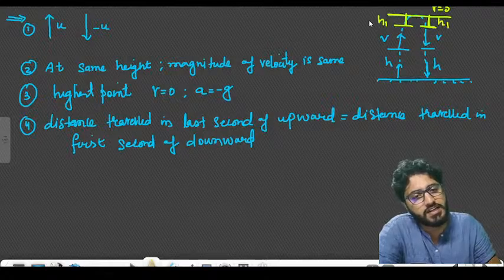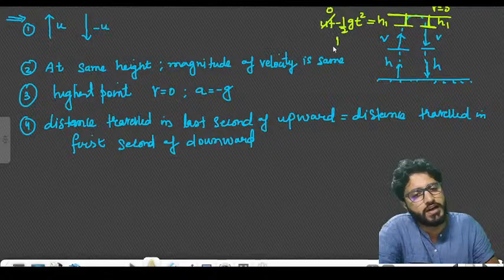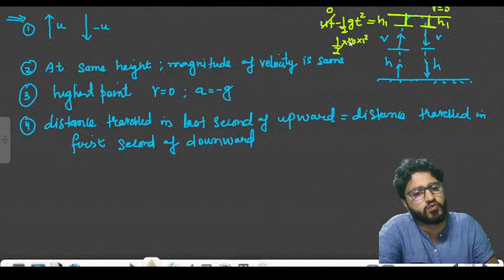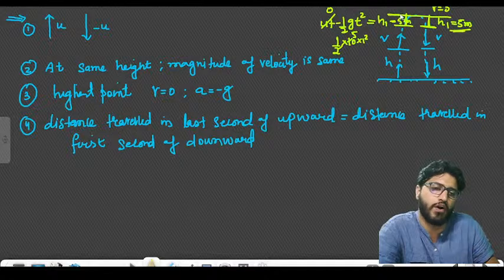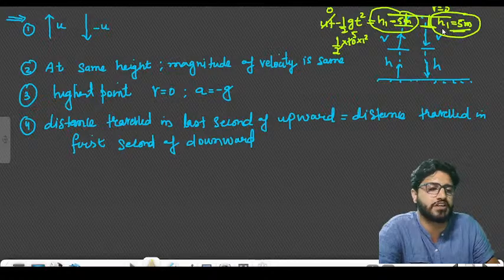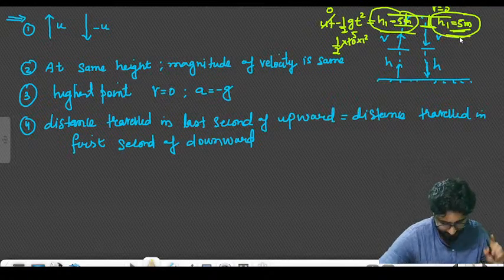And surprisingly, the h1 is equal to ut minus 1/2 gt square. This u is 0. So 1/2 of 10 into 1 square, so this is 5 meter. This is also 5 meter. So whatsoever your body is projected with, always the last second distance will be 5 meter only.